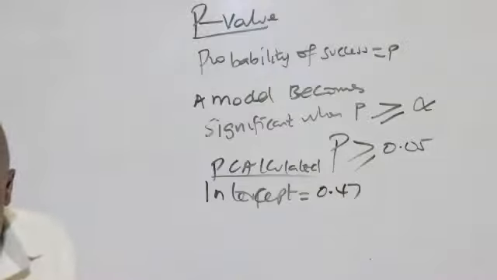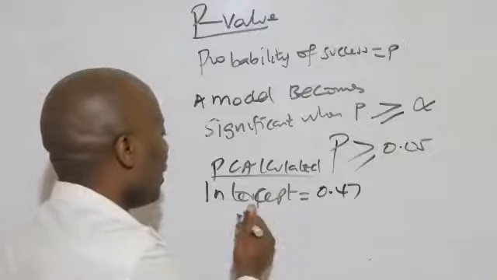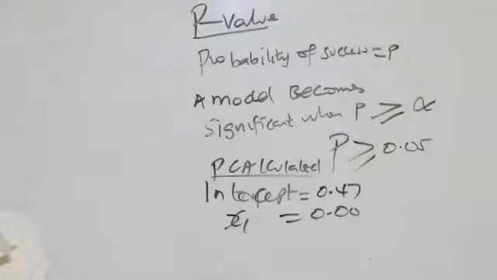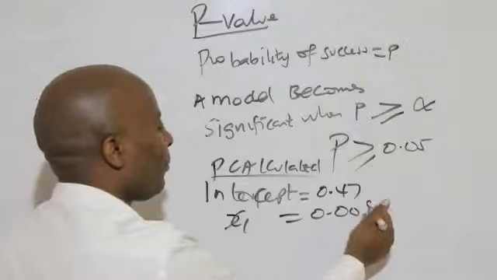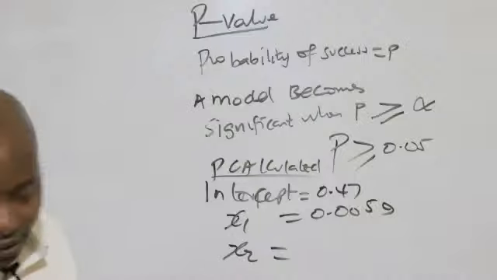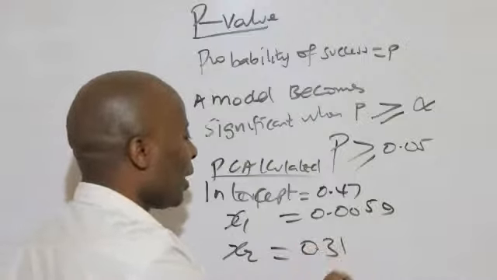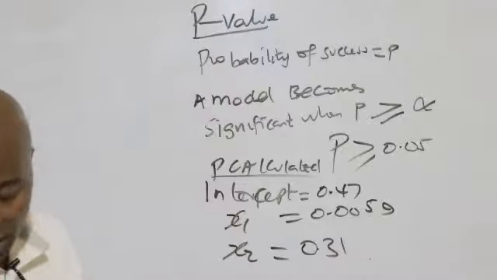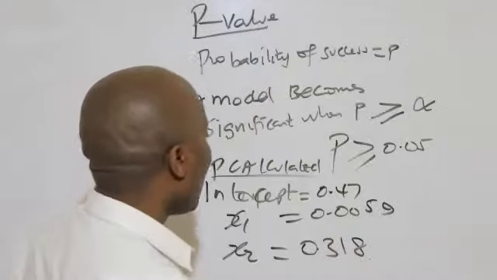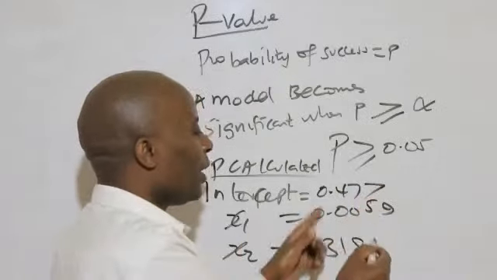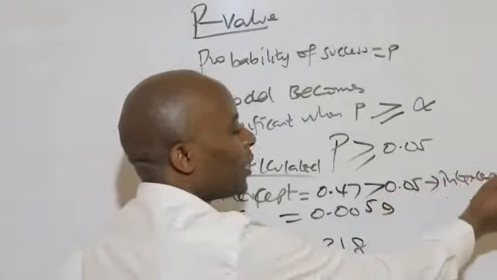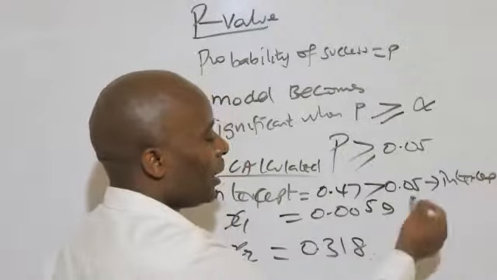Next one, which is X1, is 0.00. Very useless one. 0.0059. X2, which is size, I can see 0.31, 0.318, whichever. So, ladies and gentlemen, at least the intercept is good because the intercept is more than 0.05. So, intercept has passed the goodness test. Intercept is good.